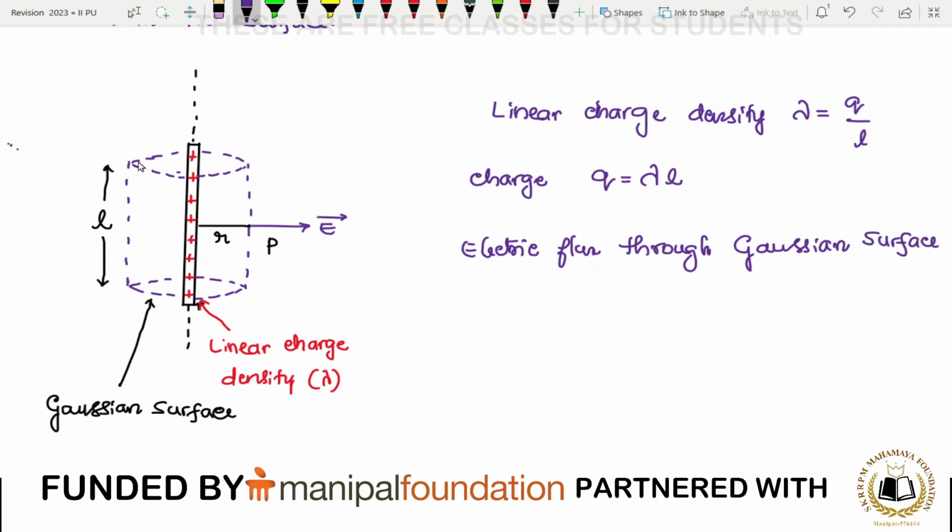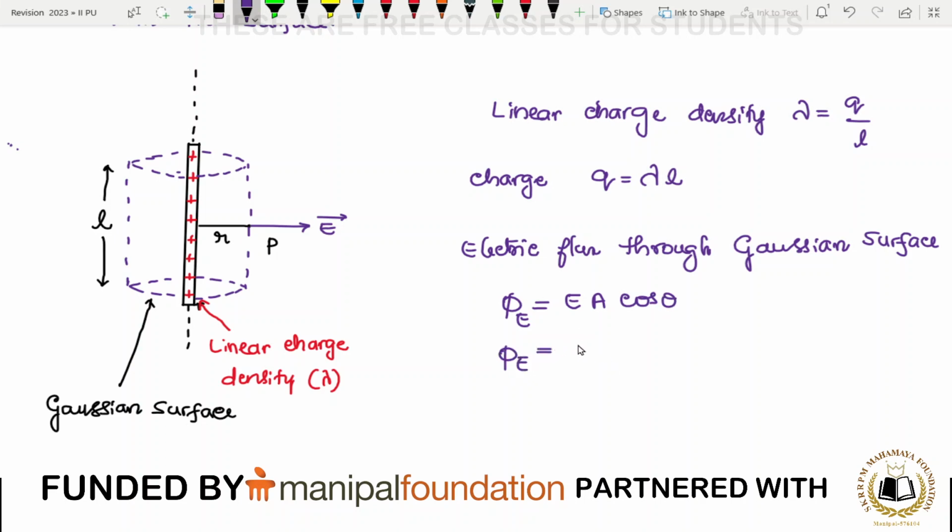In the theory class we already discussed why this flux gets cancelled out, for two reasons. The wire is straight and uniformly charged, and infinitely long. So however many charges are above, the same charges will be below. So the field along the wire will get cancelled out. Only the curved surface contributes. So phi E equals E A cos theta, the basic formula for electric flux through a surface.